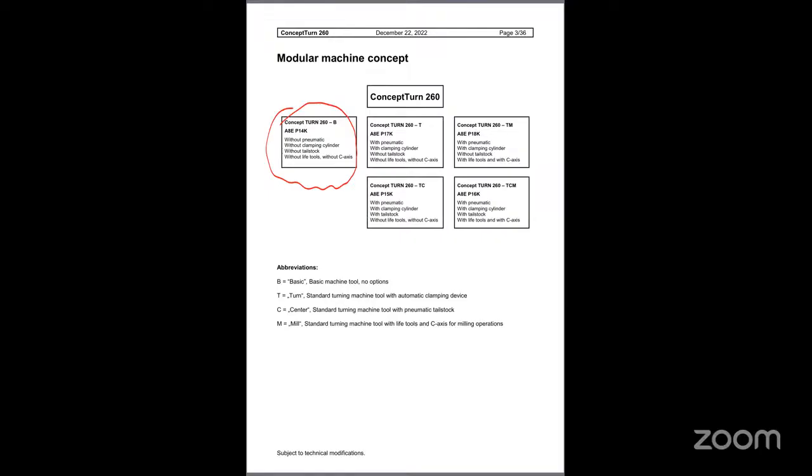Then CT260T. This has a pneumatic automatic clamping cylinder, but again there is no tailstock, live tools or C-axis. This is normal turning using automatic chuck clamping. Then CT260TM, having pneumatic clamping, live tool, C-axis, but no tailstock.